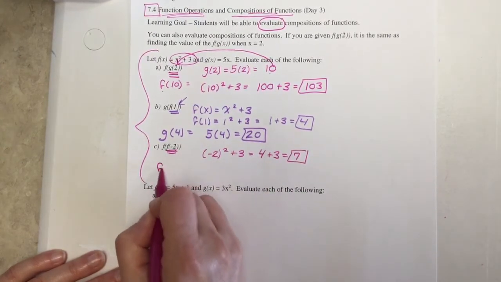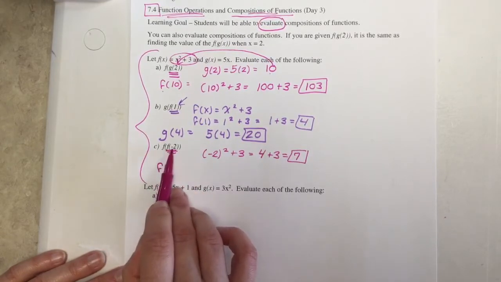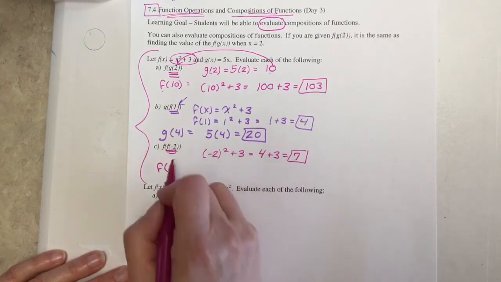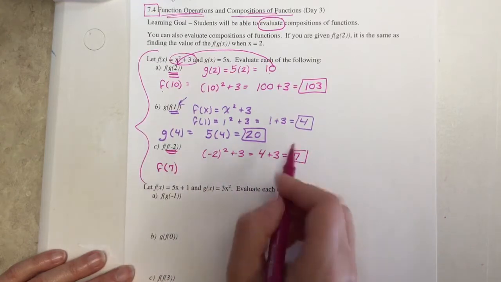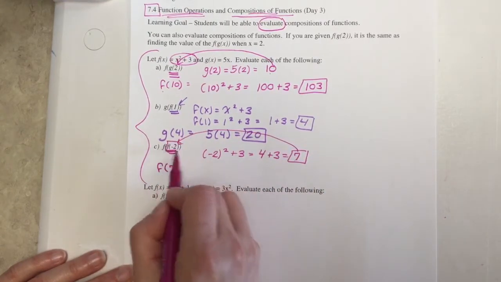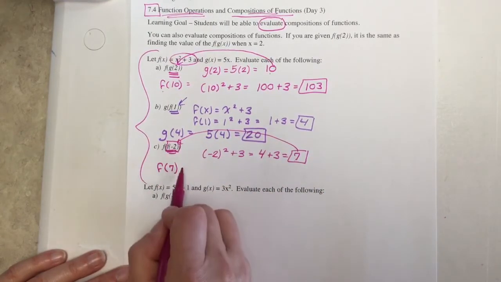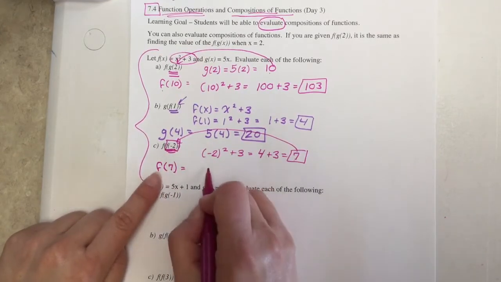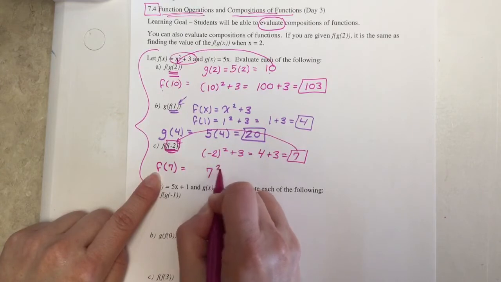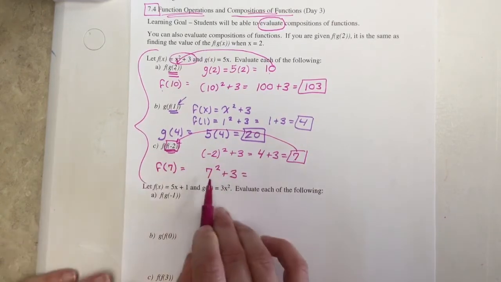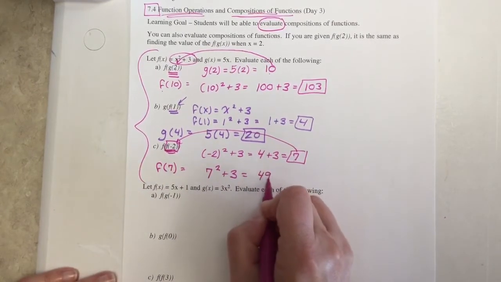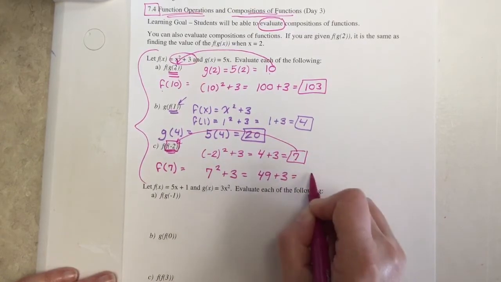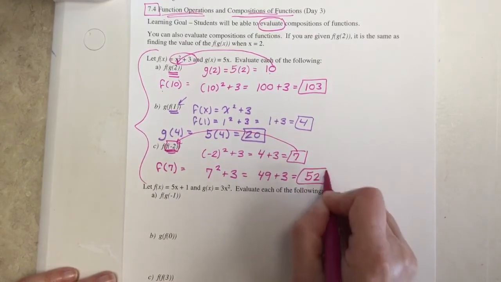So now, instead of f of negative 2, we know that that's a 7. So I can take that 7 and write it in the place of f of negative 2. So now my new directions say f of 7. So I take the f function again. Where the x is, I put in a 7. 7 squared is 49. 49 plus 3 is 52.